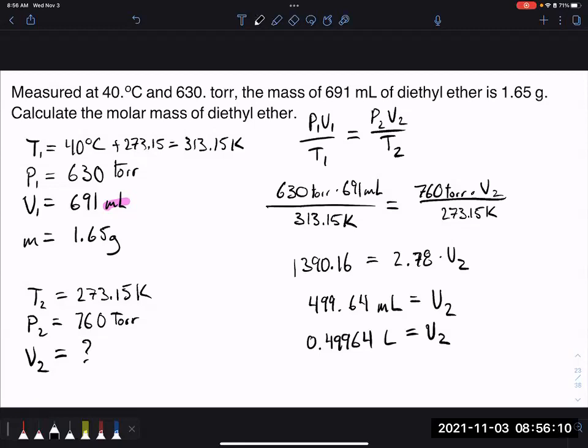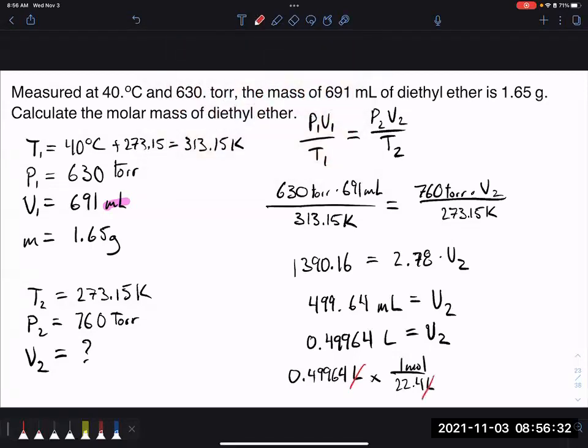Then 0.49964 liters times 1 mole, because now we're at STP, is 22.4 liters.